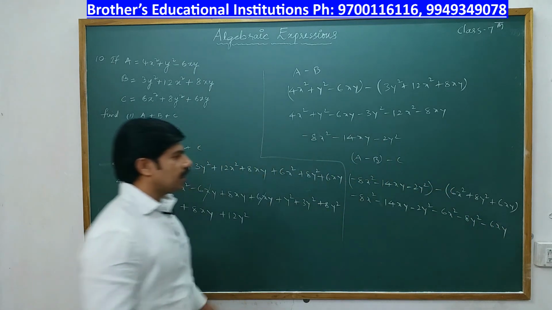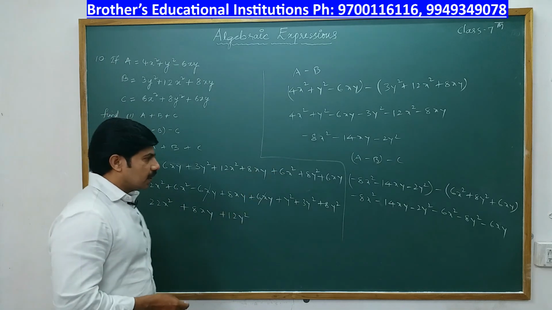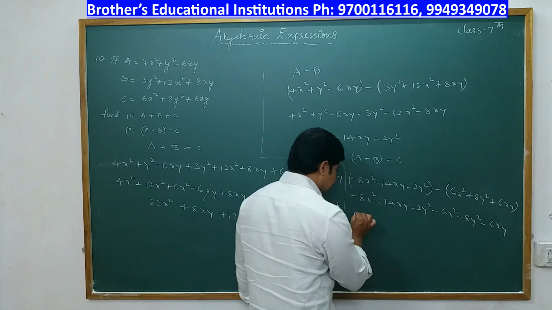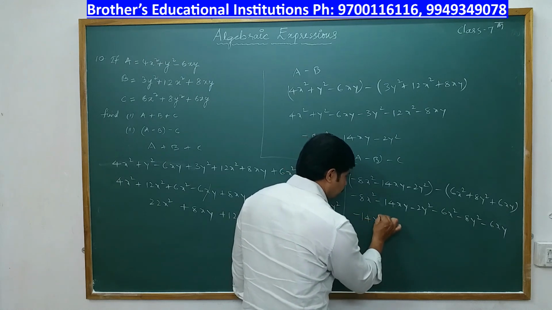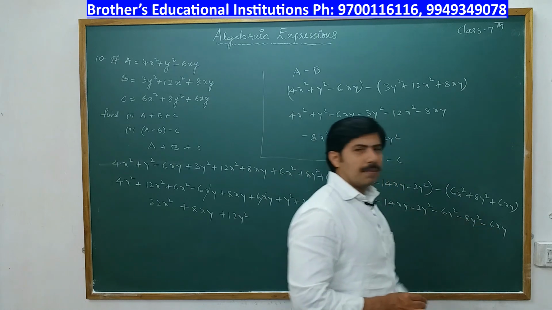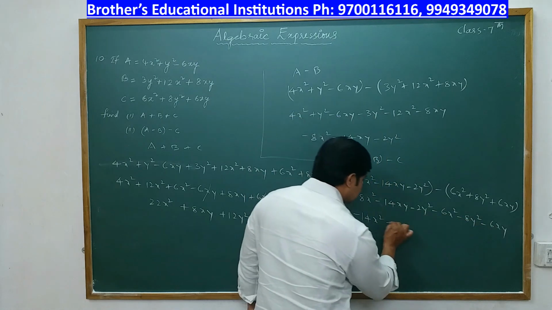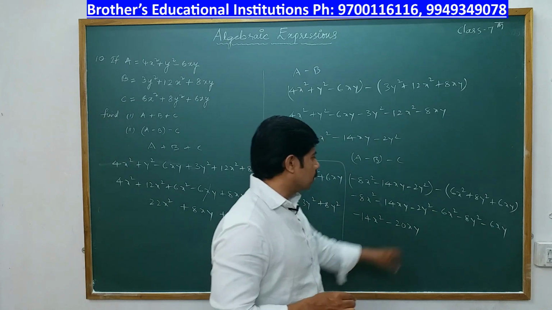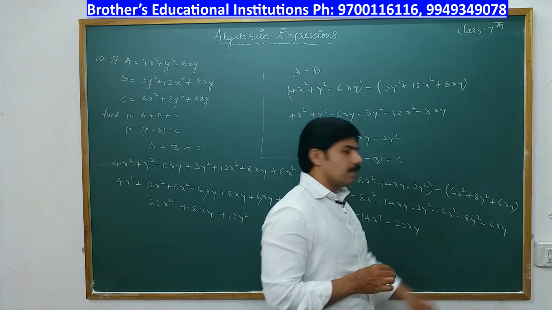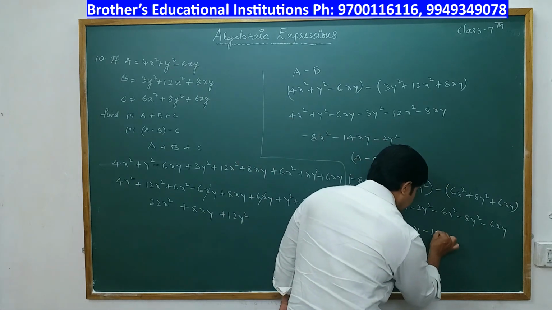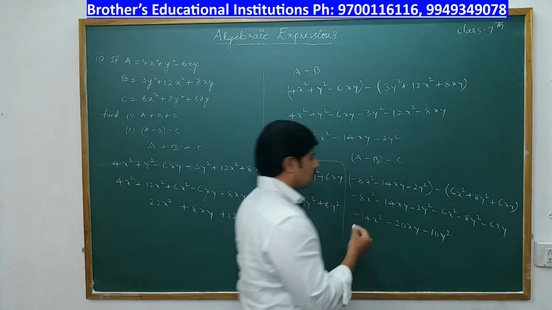Multiply with the minus sign and open the second term brackets. Now minus 8x square minus 6x square is minus 14x square, right? After that, minus 14xy minus 6xy is minus 20xy. Then y square terms, minus 2y square minus 8y square is minus 10y square, right? So this is completed.